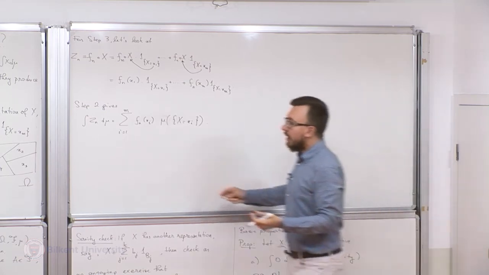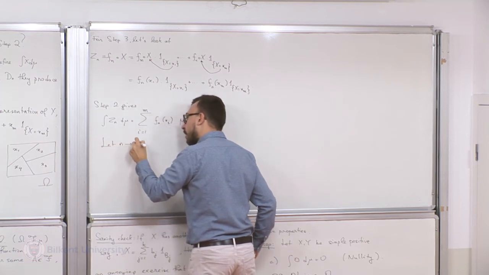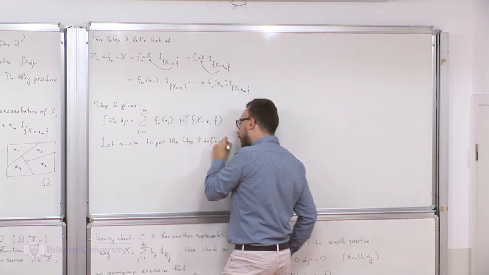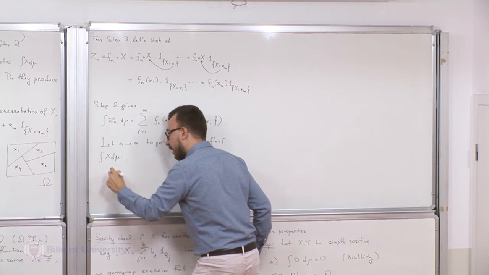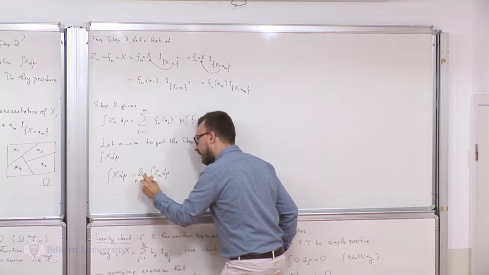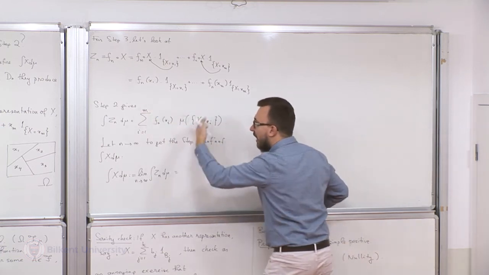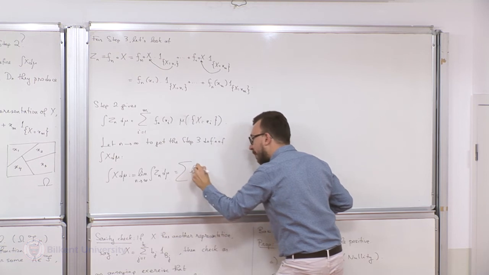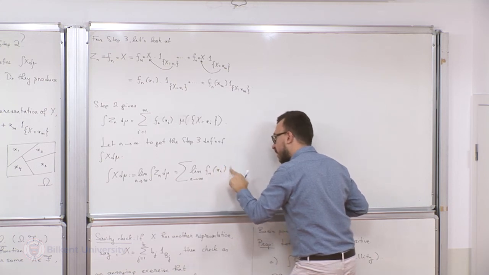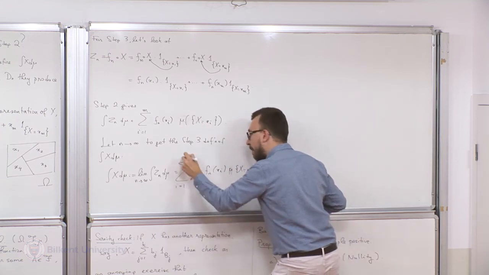And all we have to do is to let n go to infinity to get the step 3 definition of integral of x. The integral of x d mu is the limit of the integrals of zn's. And what is the limit of this finite sum as n tends to infinity? Well, that's a finite sum, therefore I can just write the limit inside the sum. Fn of xi times mu of x equals xi, i from 1 to m.